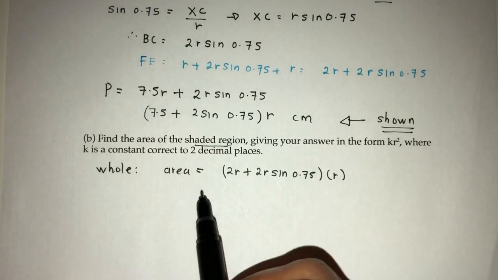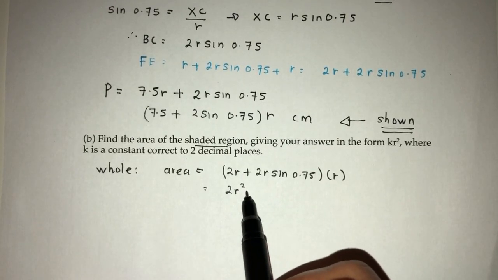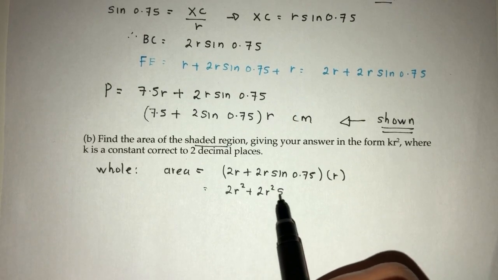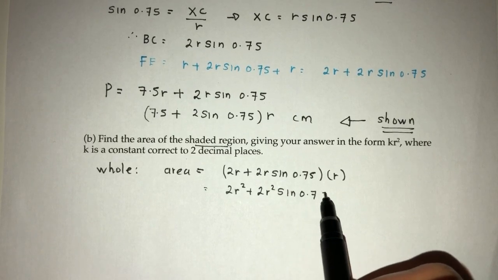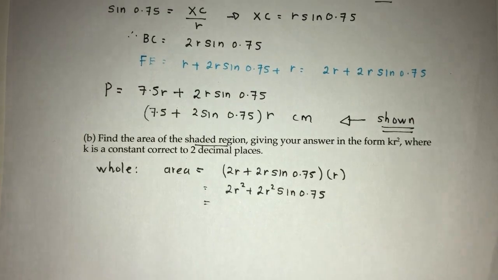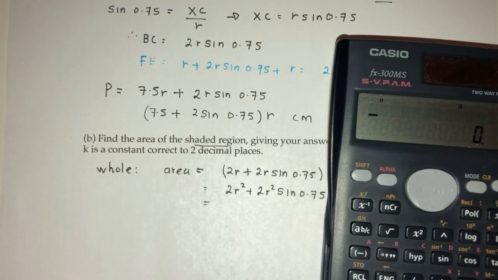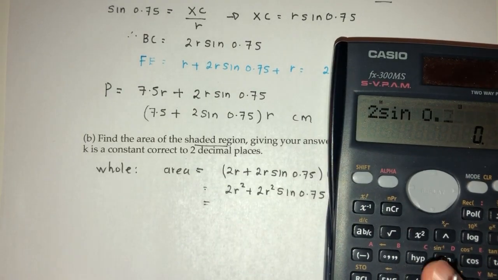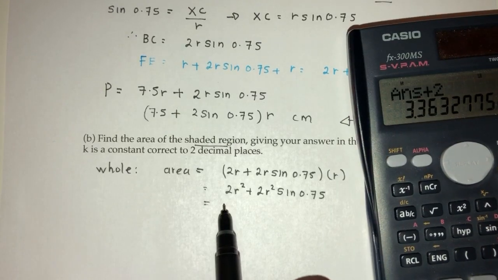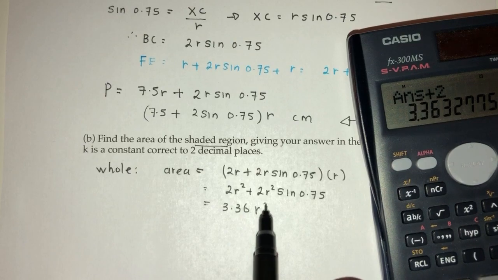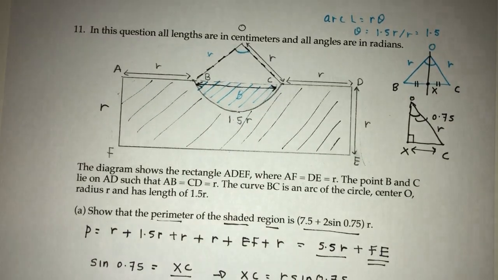Now we can expand if you want to. You will have 2R square plus 2R square sine of 0.75. So we can simplify as well. So we have radians here. So 2 sine of 0.75 plus 2 will become 3.36 R square. Now you want to minus this area of B. So how can you find this area of B?